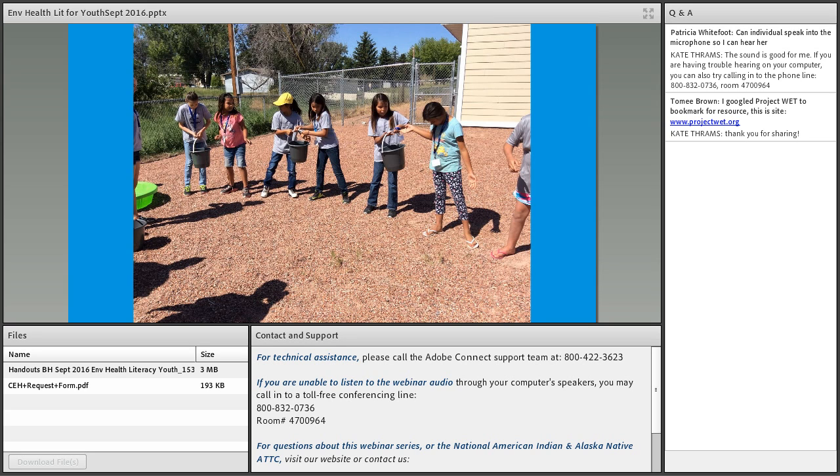The first thing we did is we had an elder come in and talk about how water was used when she was a kid, and how precious a resource it is, and how difficult it was when you had to go get water from the river and haul it. Then we did an activity with the kids, moving water between two different pools, so they could understand that concept.